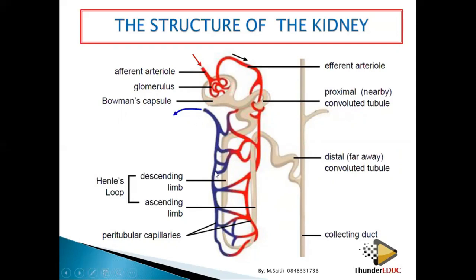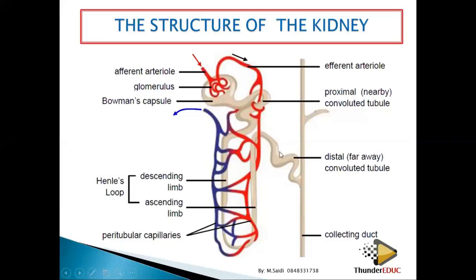Now it has some blood vessels which surround this, just to allow reabsorption and excretion, or pumping of ions, to take place. So it allows reabsorption to take place, and also ions which are not important in the blood to be pumped out of the blood into the loop of Henle.